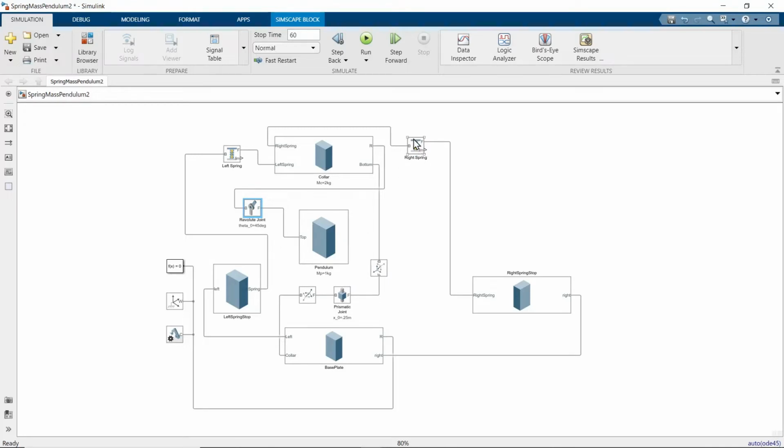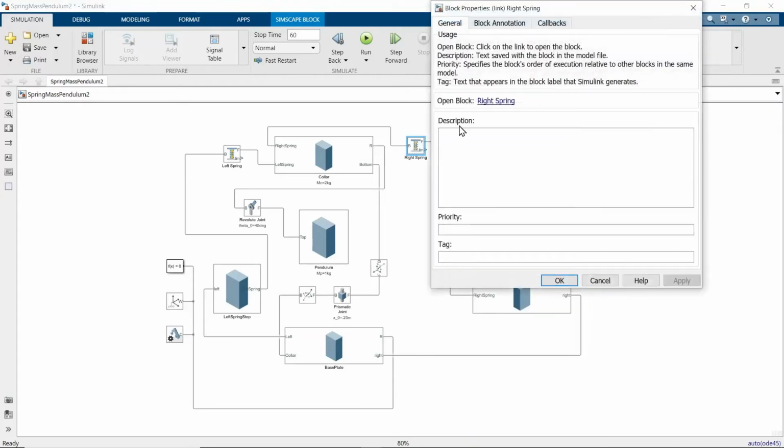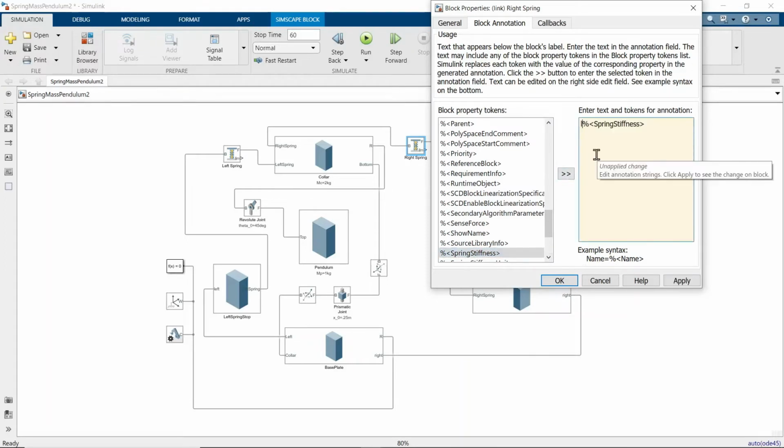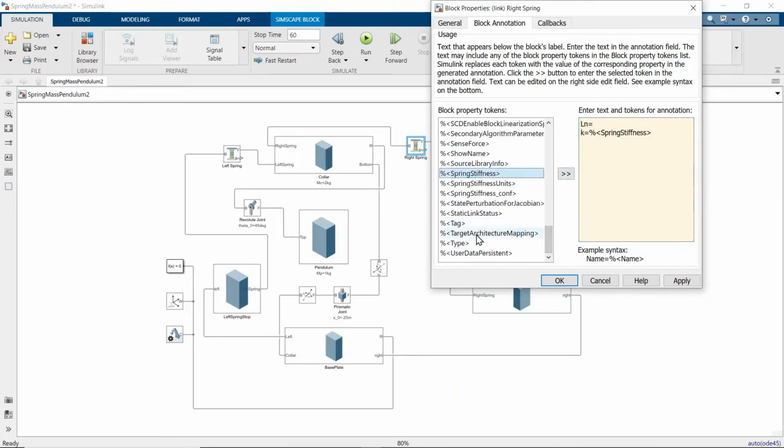Let's get the spring constants too, so we know what the spring value is. Again, properties, block annotation. Let's say spring stiffness, called K. And let's say the natural length too. Let's call it L, and natural length is 1 meter.